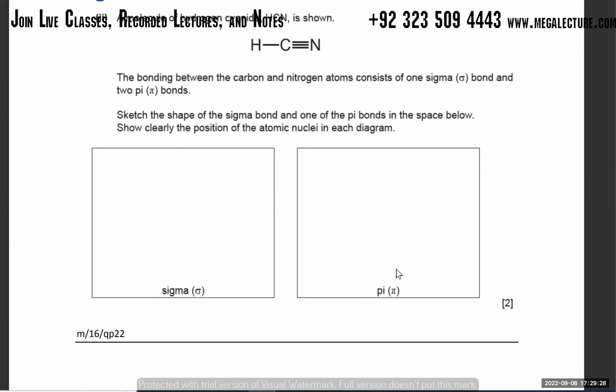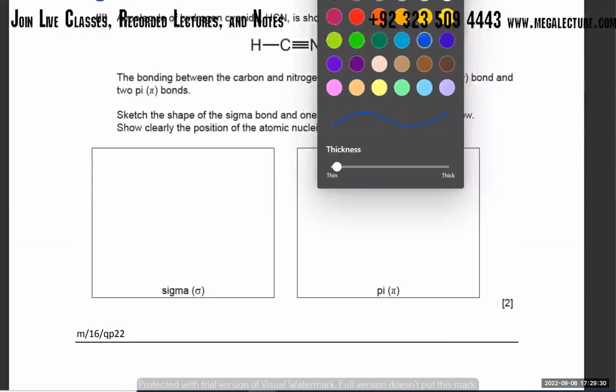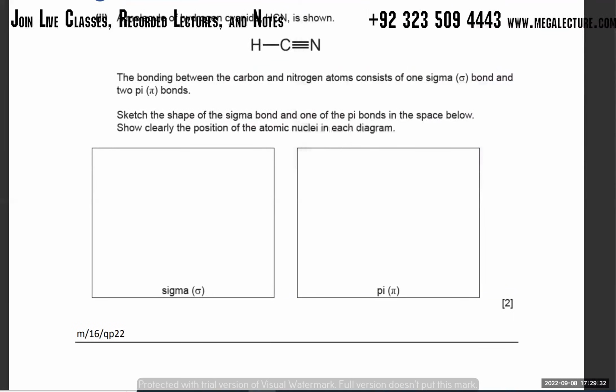So pi bond over here will be, in this case, will be just draw HCN, और इनके बीच में ना there's an overlapping that's happening above and below.